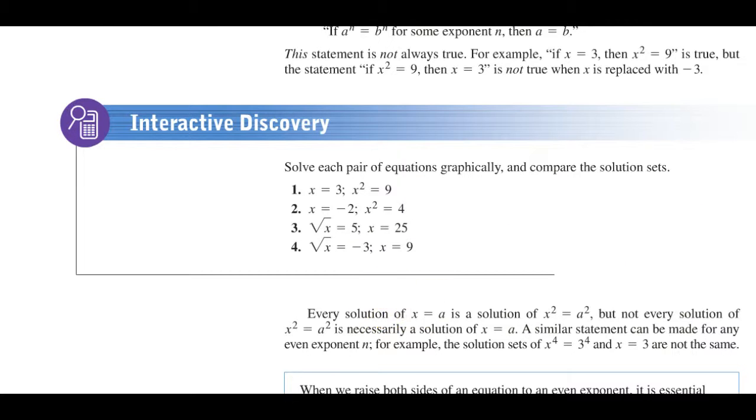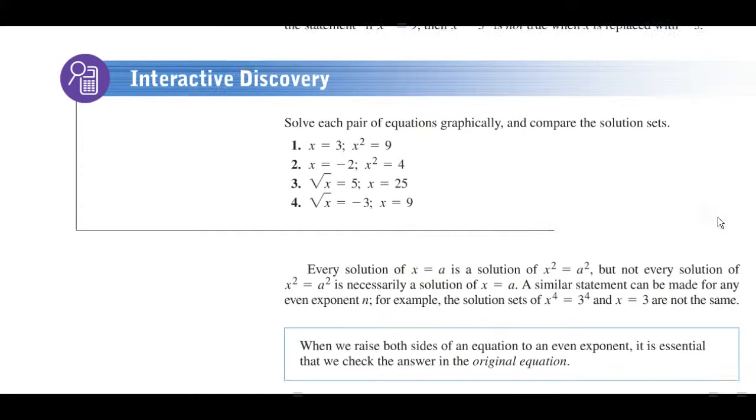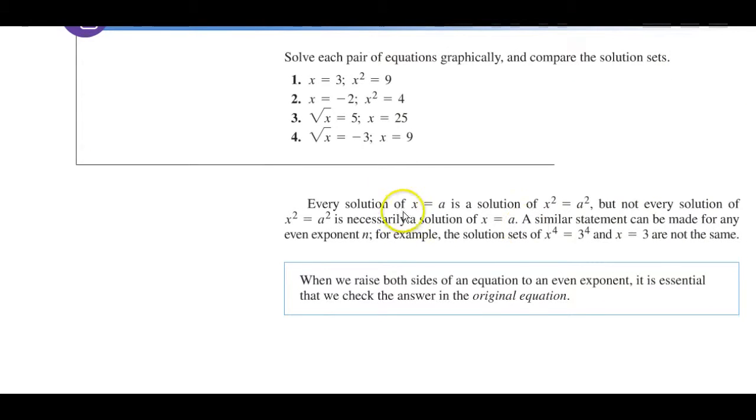And here they're saying for every solution x equals a, there is a solution of x squared equals a squared, but not every solution of the squared equation is a solution of the original. Sometimes you can get what is called an erroneous solution.